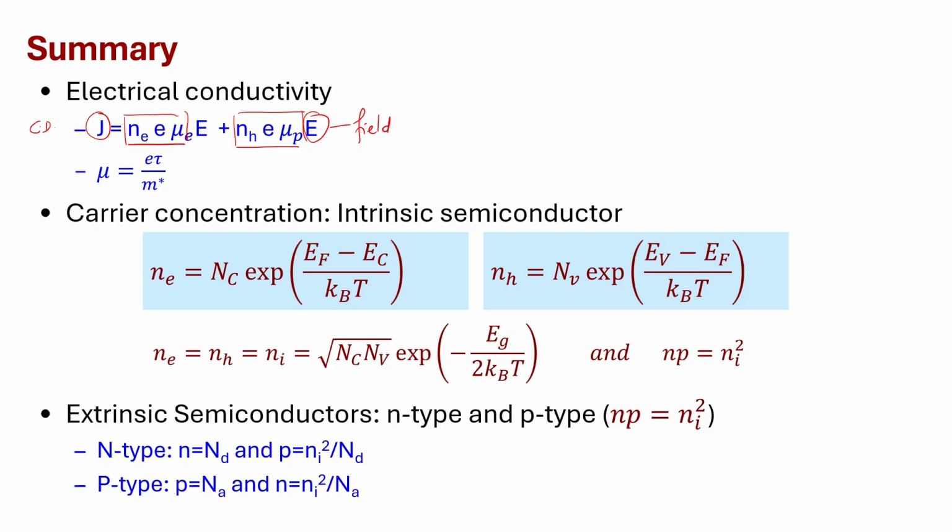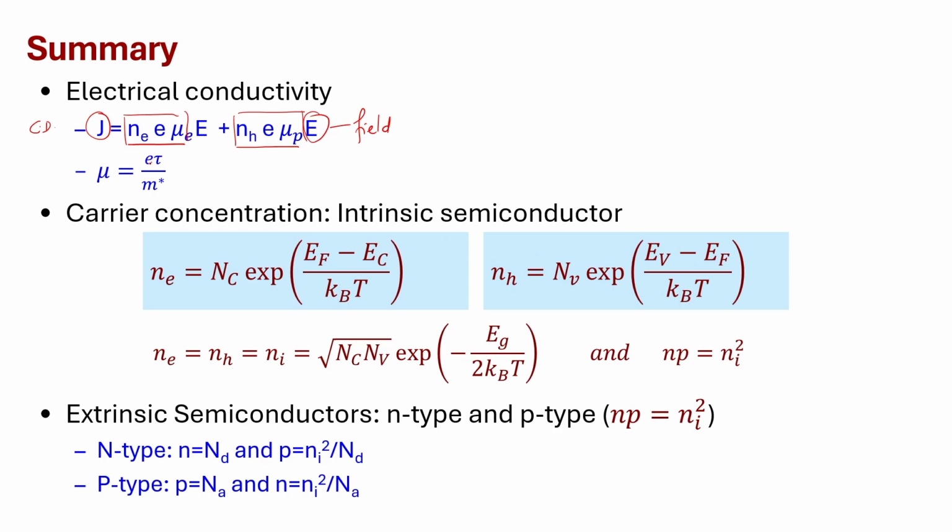For an intrinsic semiconductor it goes exponentially with temperature, because Ne and Nh also change exponentially as a function of temperature, but it is different for an extrinsic semiconductor, as we will see in the next class. Mobility on the other hand is e tau divided by m, and this decreases with temperature, but the influence of temperature on conductivity is much higher for an intrinsic semiconductor.